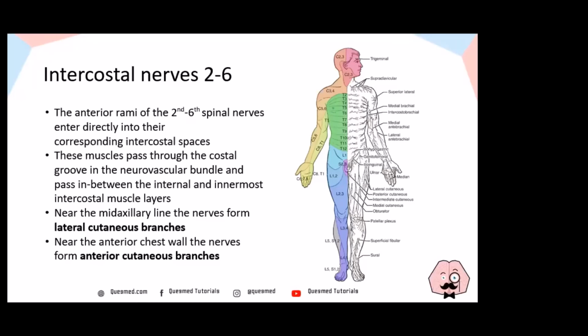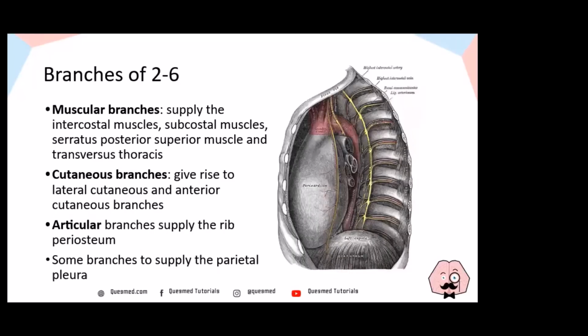And then in the anterior chest, they give off their anterior cutaneous branches. They also have muscular branches, as I said, which innervate your intercostal muscles and your subcostal, and then your other accessory muscles of respiration. They also supply the periosteum to the rib, so they give sensation of rib pain.